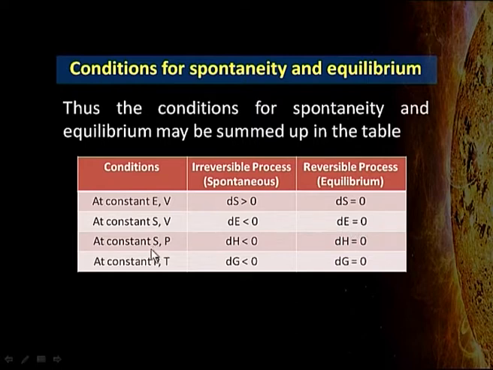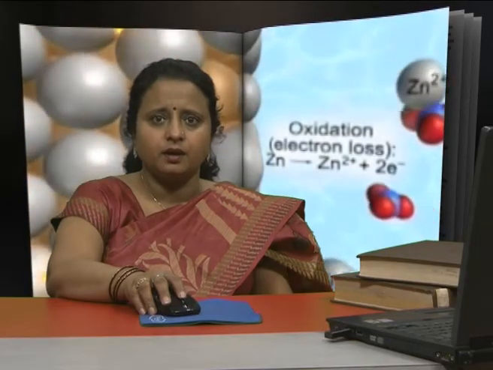At constant entropy and pressure, dH is less than 0 for irreversible and dH is equal to 0 for reversible process. At constant pressure and temperature, dG is less than 0 for irreversible or spontaneous processes and dG is equal to 0 for reversible process or at equilibrium. These criteria for spontaneity and equilibrium were derived by using the first law and second law of thermodynamics.